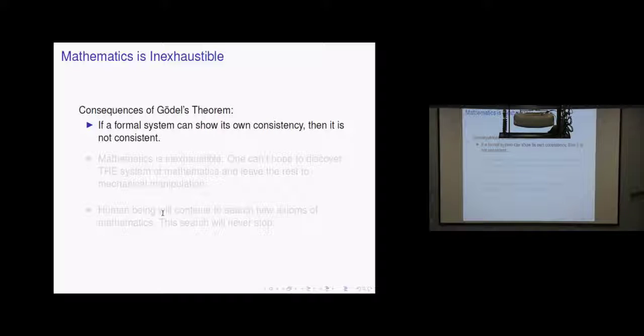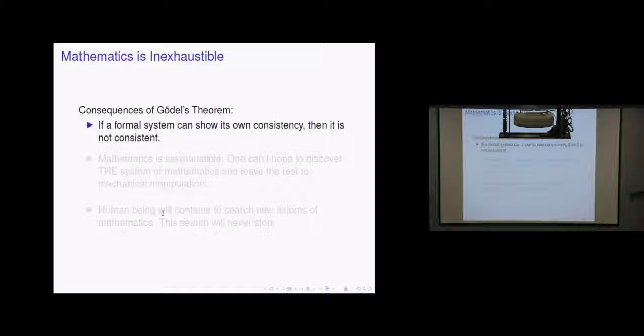Okay, so now there are some interesting consequences. This is a famous theorem, so you can read lots of articles and books about it. But I want to state two interesting consequences.